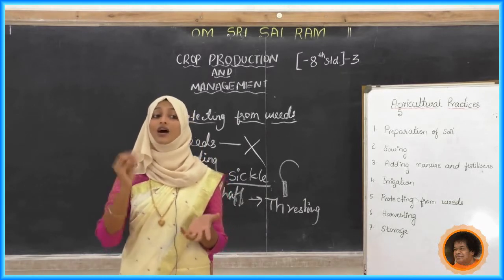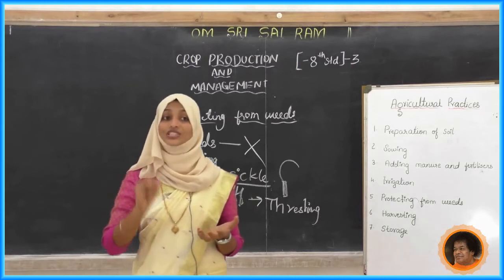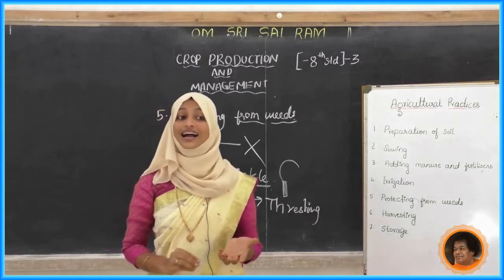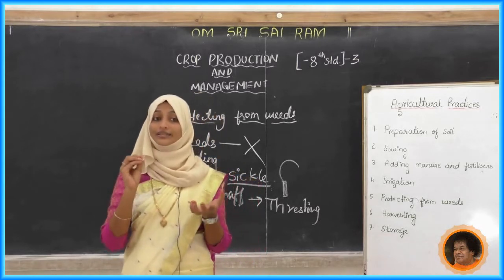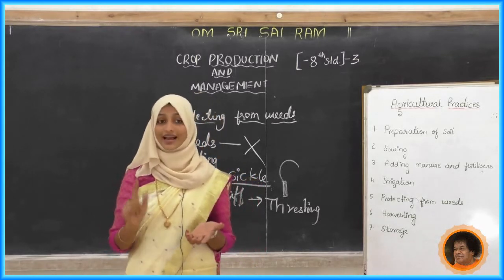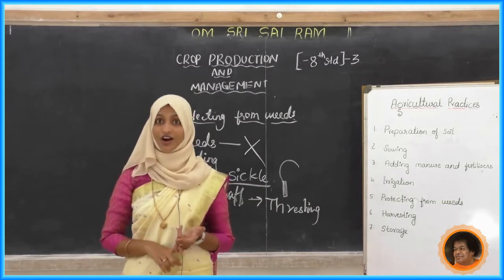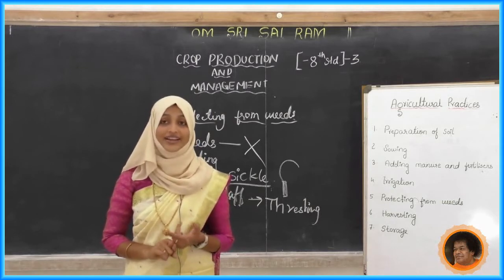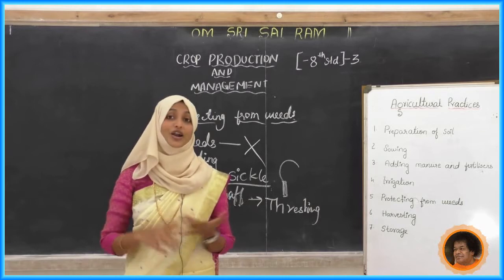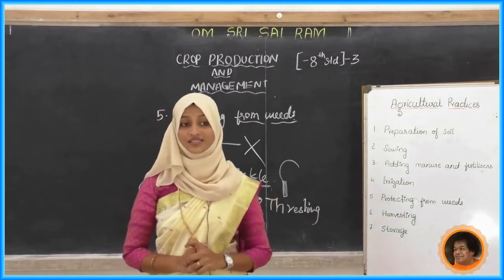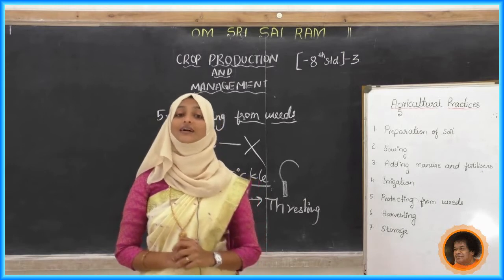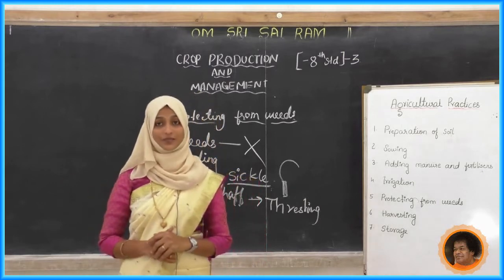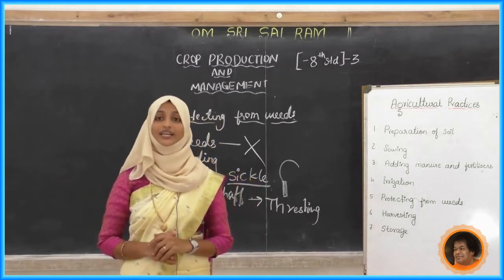Large scale storage of grain is done in silos and granaries to protect them from pests like rats or insects. Or else, nowadays, what we are doing? We are using chemicals, pesticides we are using. Yes, to kill the rats, we are using some other poisons. So, don't do like that.